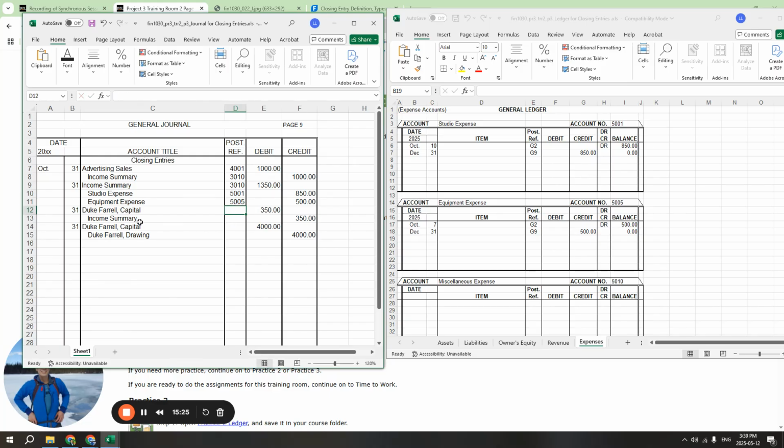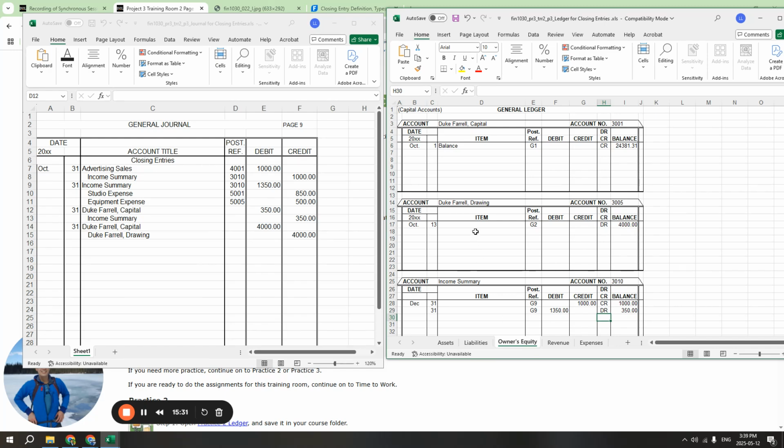Okay. Duke Farrell Capital, we're going to debit $350. So go back to the equity tab. This is 2025. December 31st. This is on page G9 of our journal. We're debiting $350.